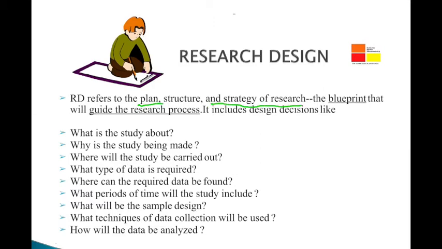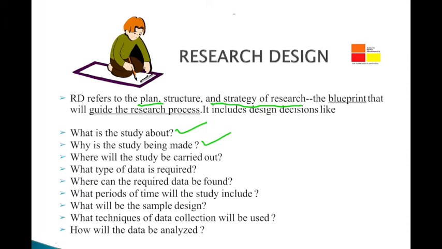As I said in the beginning of the video, in this you are covering the entire plan, entire structure, entire skeleton of how you will carry out your research. It is the blueprint that will guide the research process. Now, what all things does it include? It includes design decisions like what the study is about, what you are studying in your research, and why the study is being done, the justification, which you also cover in research design.